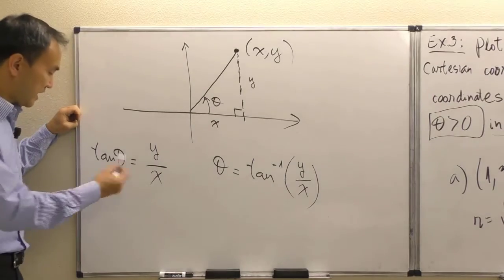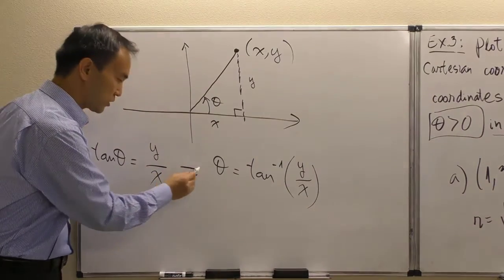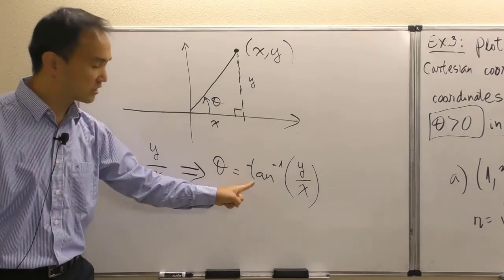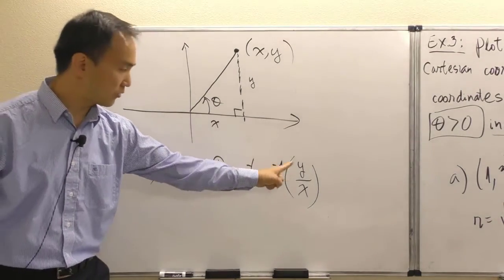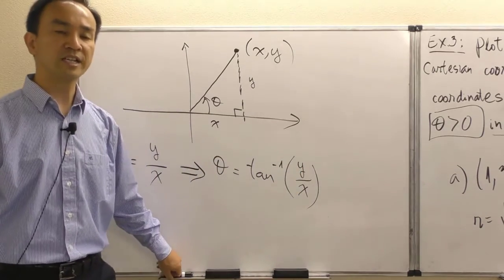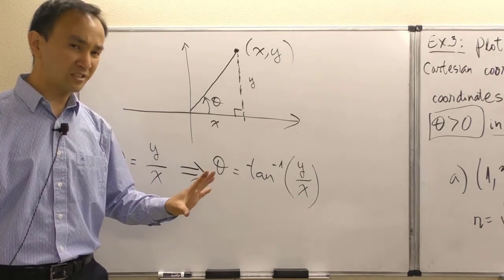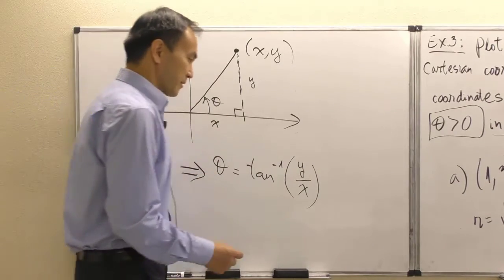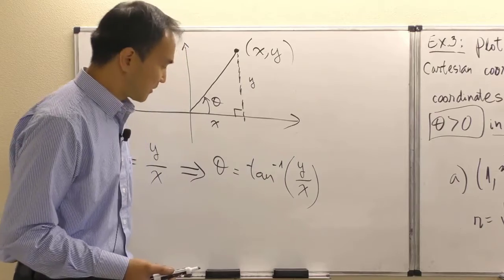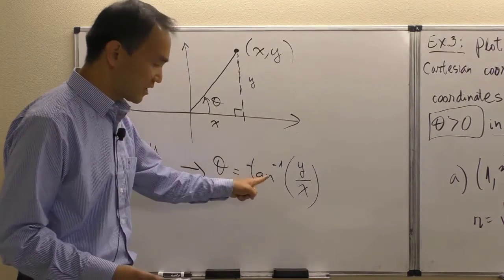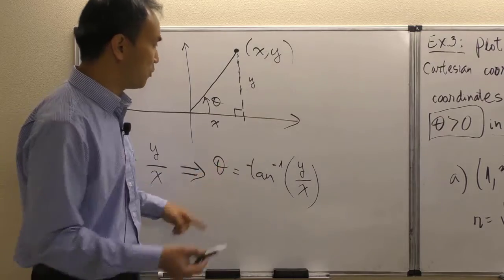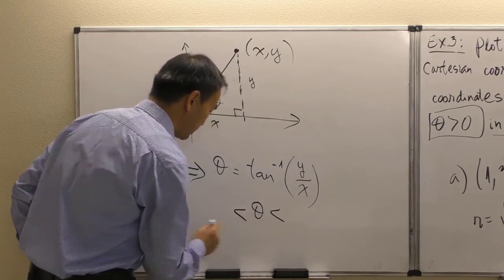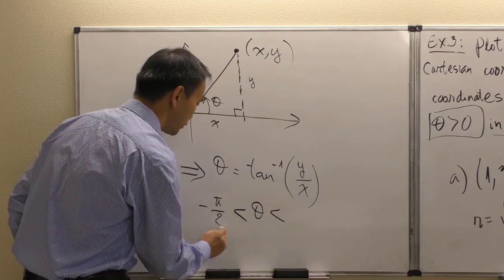And so in that way, it led to that statement I said earlier. To find theta, we just simply do the tangent inverse operation on your ratio of y over x, and it will get you the angle. But then there are some extra treatments that we have to apply on top of that. Recall again from trigonometry that tangent inverse only gives an output angle anywhere between negative pi over 2 and pi over 2.